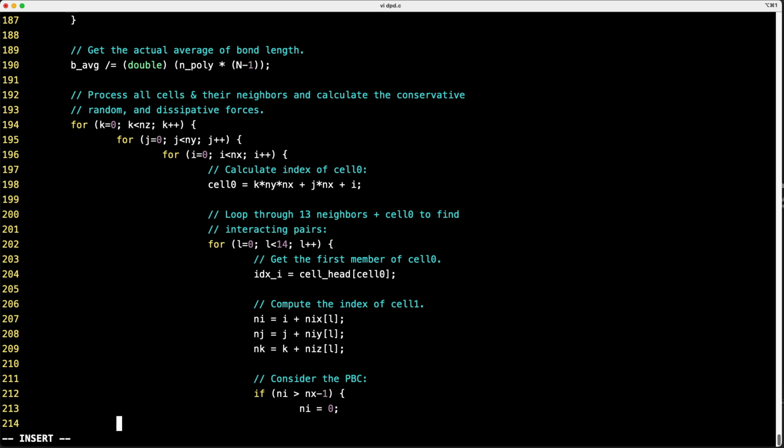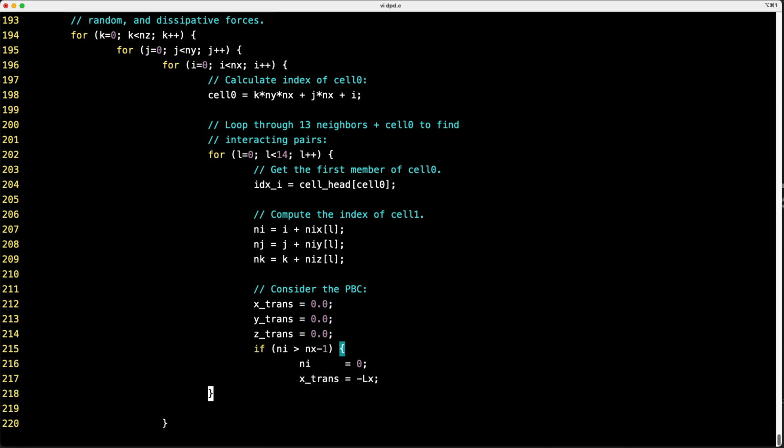And we would also have to translate the coordinates of our particles by minus Lx. Okay, so let's line those up. And if we're going to do that, we should really initialize these. So we've got that. That's what happens if we're on the plus x edge of the system.